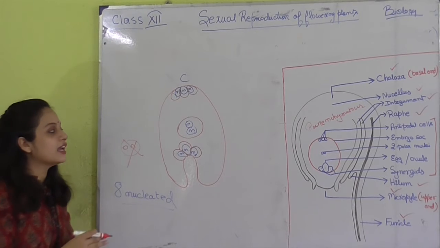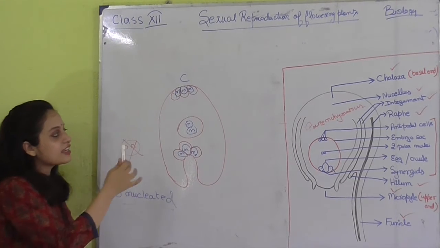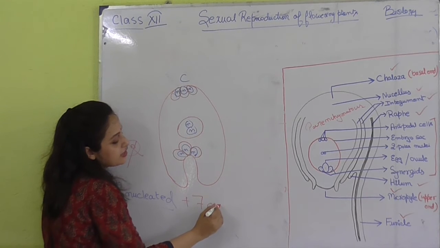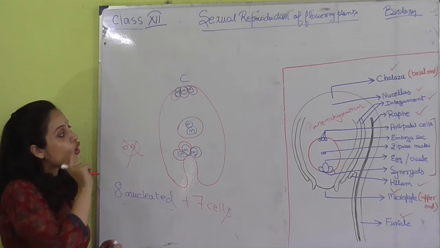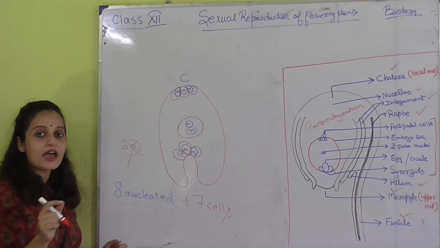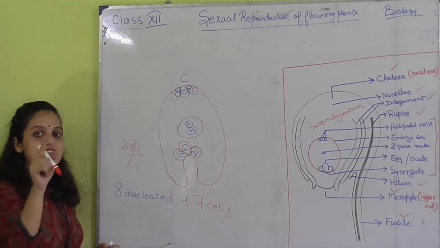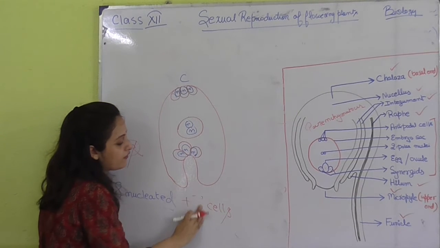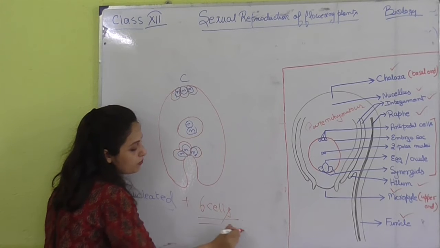So normally we see there are a total of 1, 2, 3, 4, 5, 6, 7. We can say they are having 7 cells inside this ovule. But normally one cell does not have 2 nuclei present inside. So we will say there are a total of 6 normal cells.